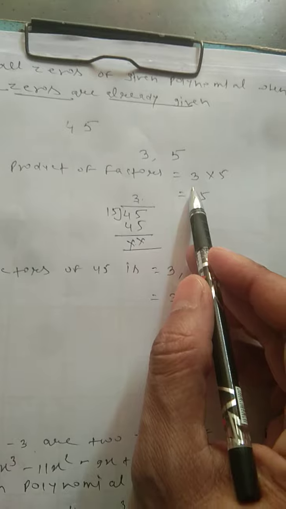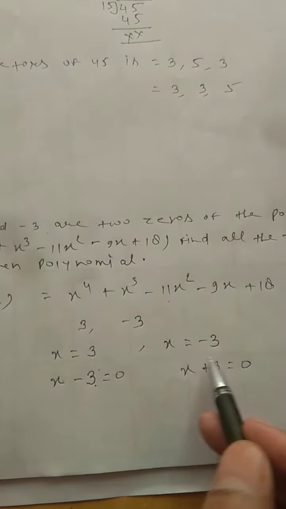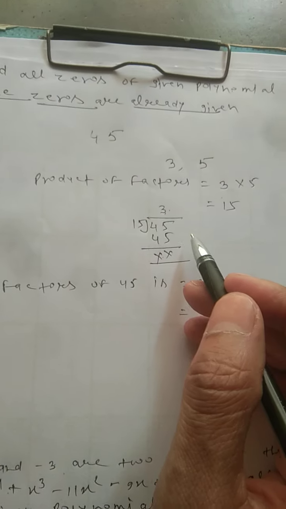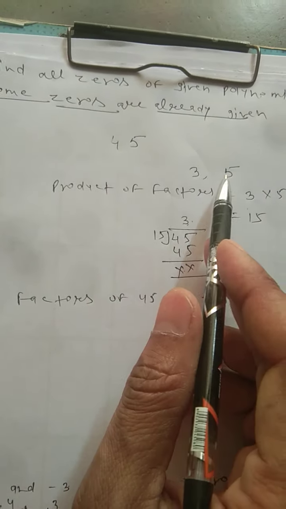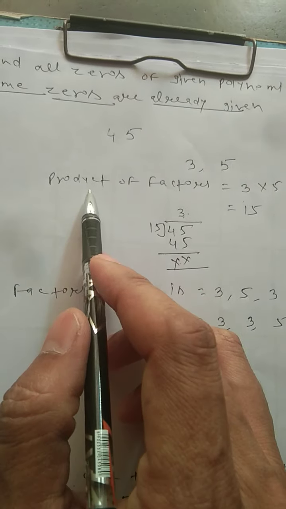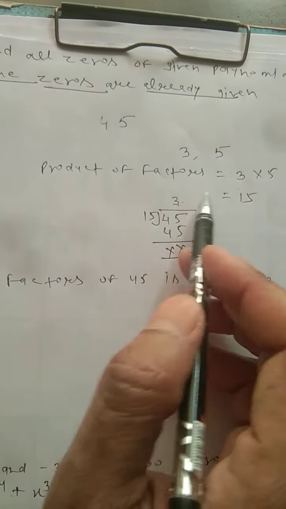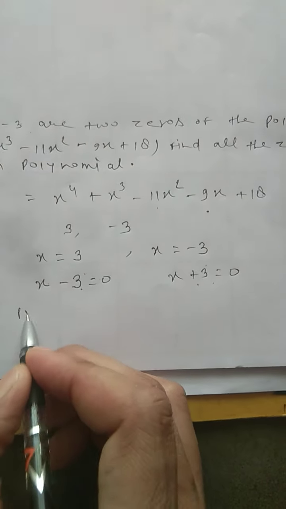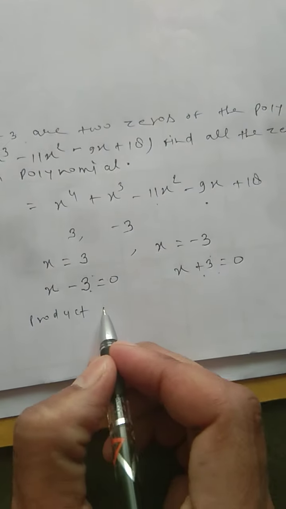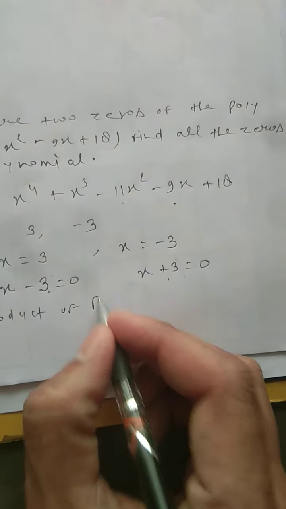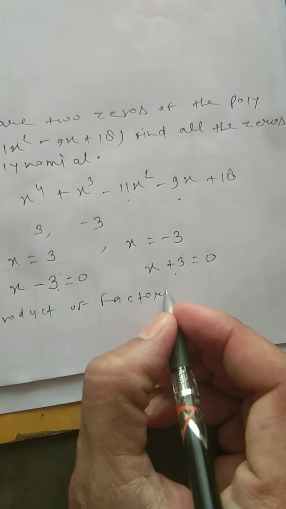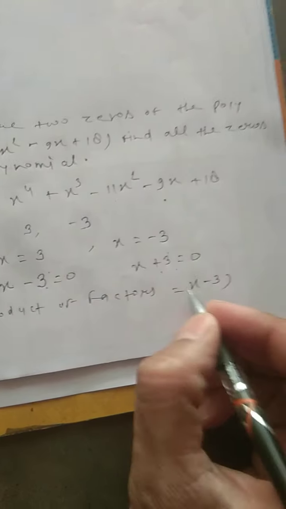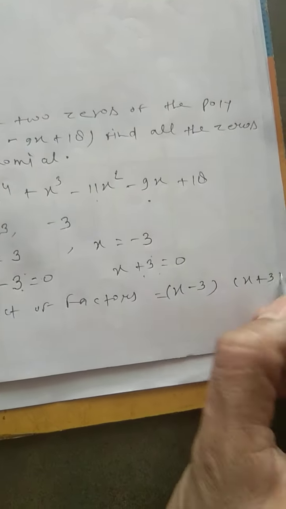Same as there, two factors were given, 3 and 5. So in this way I got two factors, x minus 3 and x plus 3. Now what did I do in the last question? After getting these factors, we have to take the product of the factors. So the same thing here, we will find the product of factors x minus 3 and x plus 3.